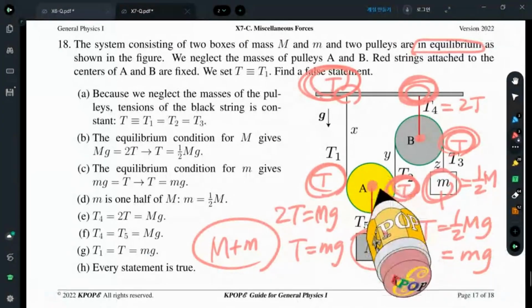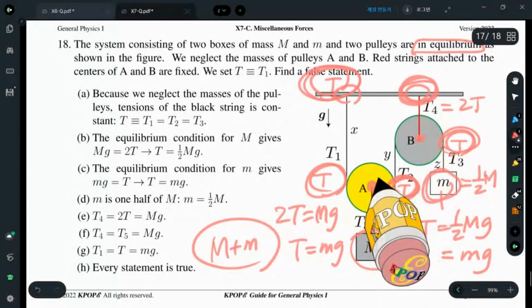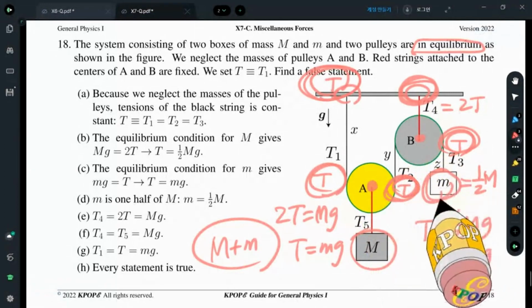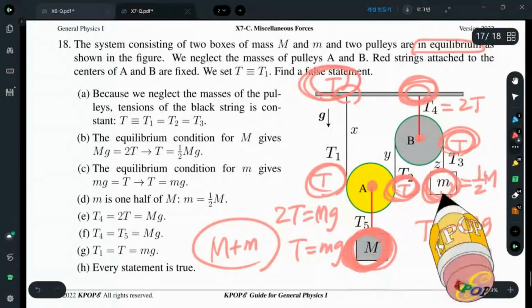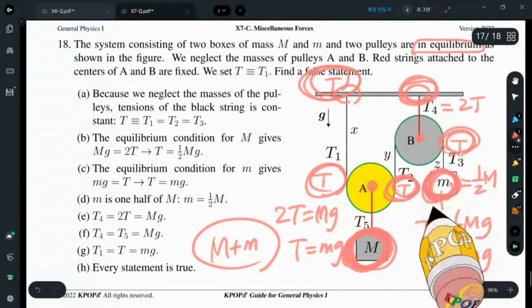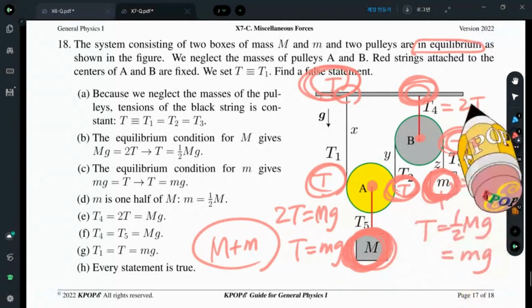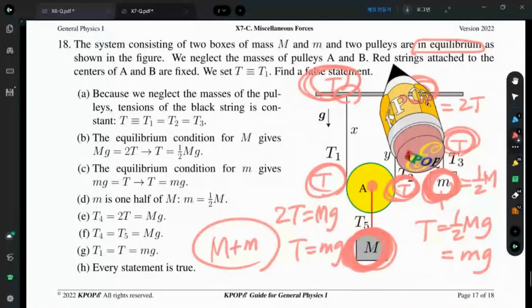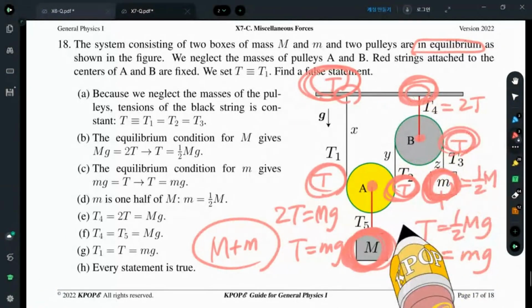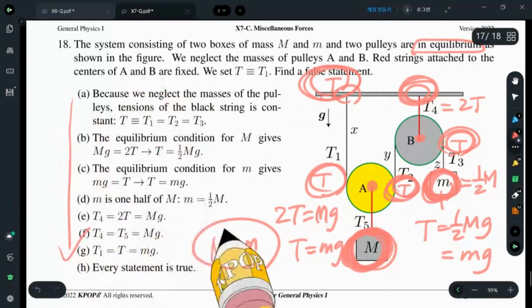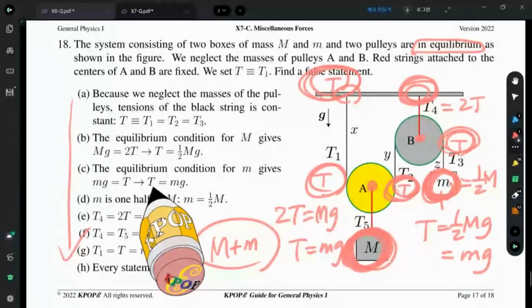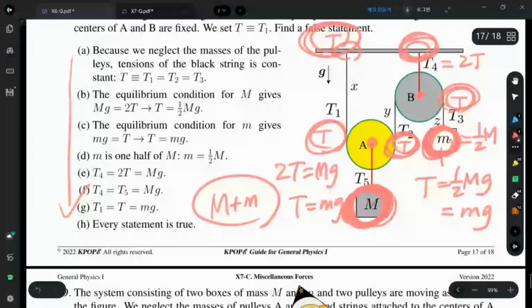If I use these two pulleys, I can sustain this heavy object, a factor of 2 heavier. I can sustain the heavier object with the smaller force. This is a very useful tool, the moving pulley. The solution is straightforward and is given explicitly here.